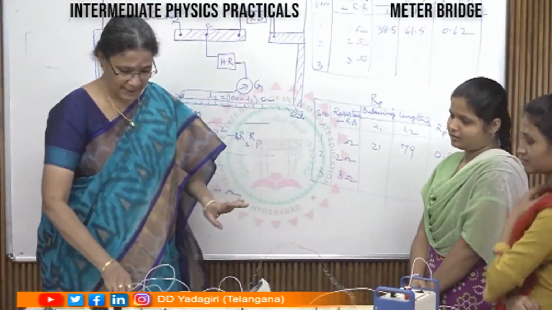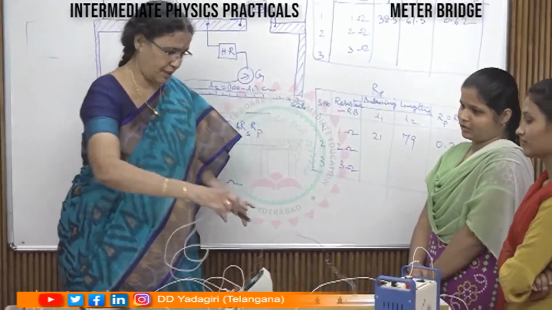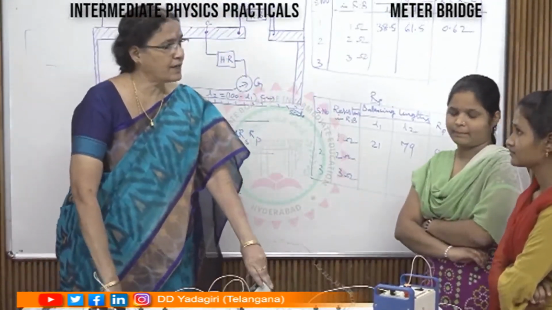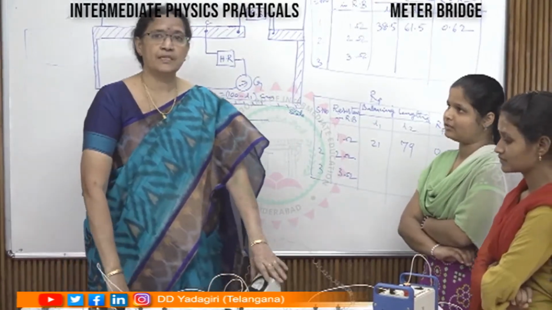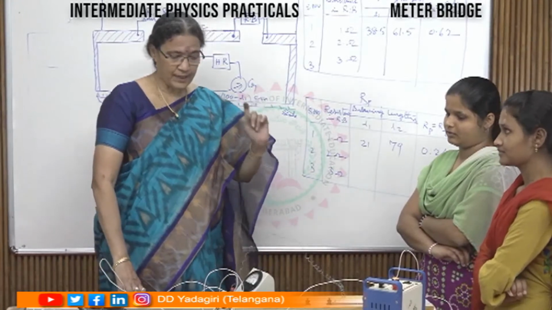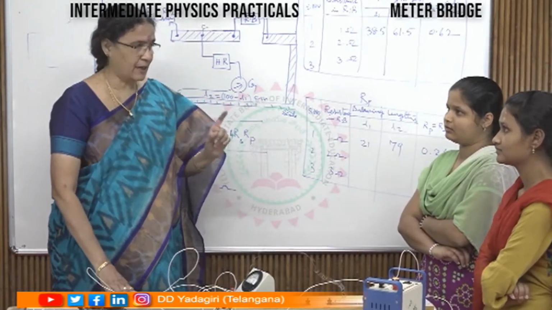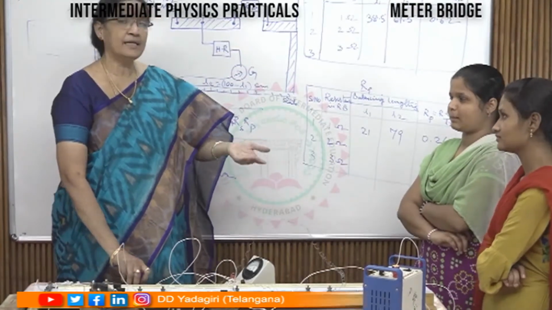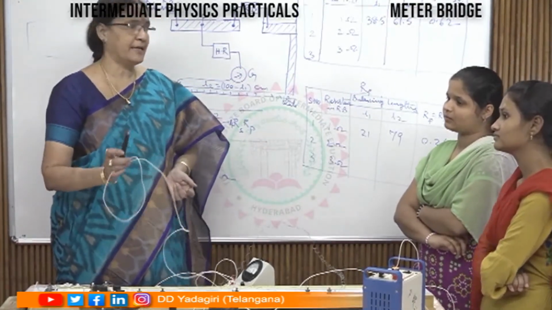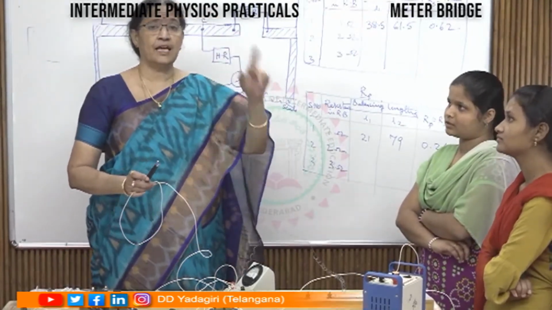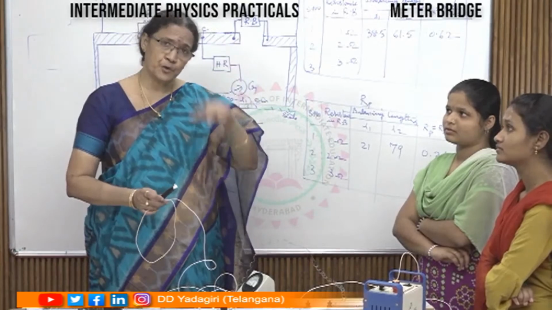So like we have done earlier, using this jockey, you press at various points till you get zero deflection in the galvanometer. When you are getting zero deflection in the galvanometer, either in this part or in the earlier experiment, the jockey is dividing the meter bridge wire into two parts. Listen carefully, not two halves, two parts.